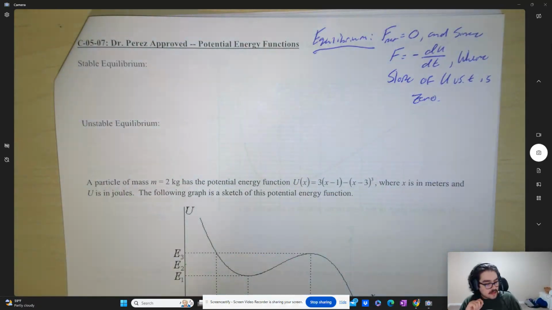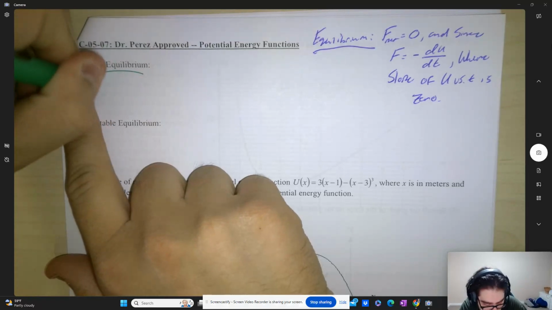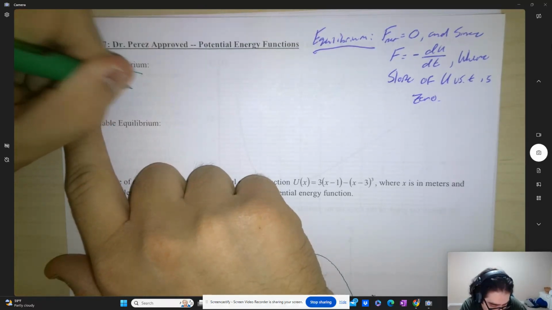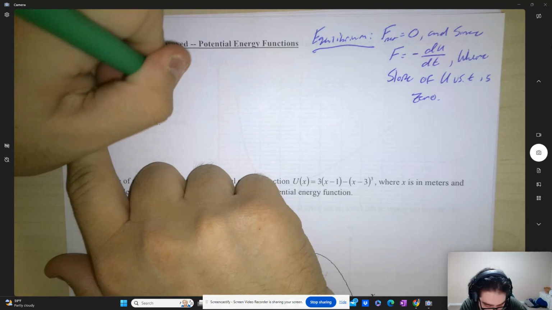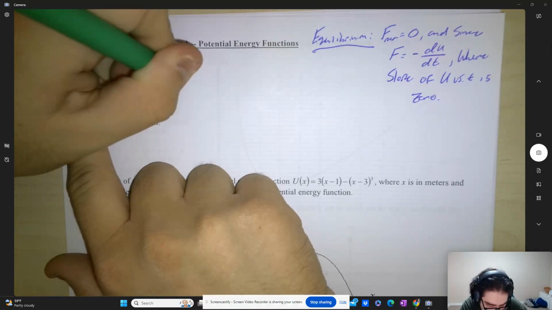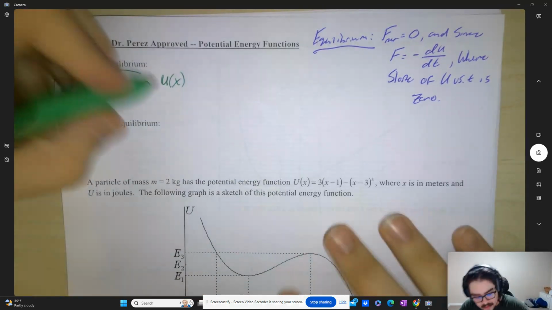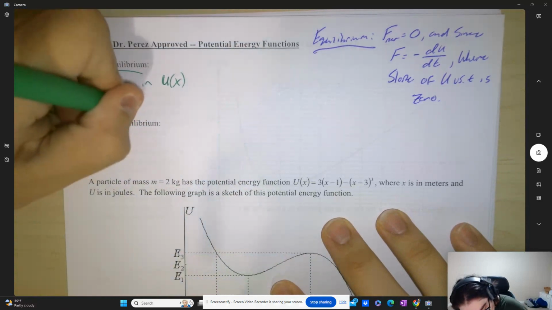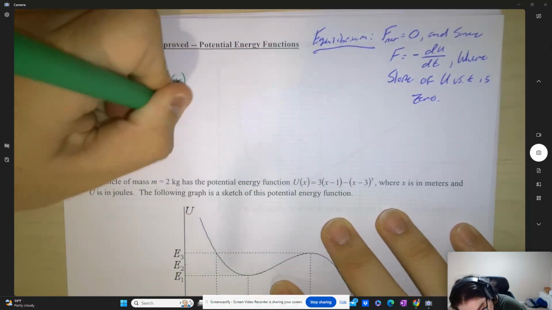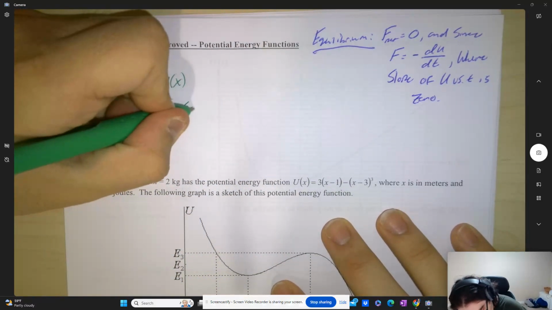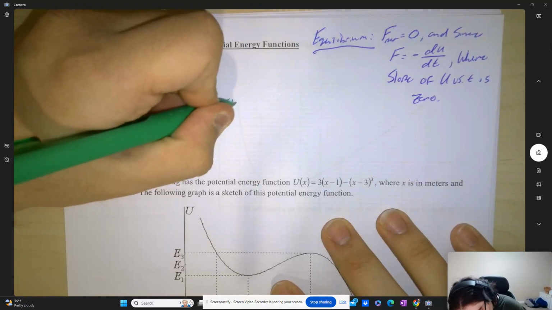Stable equilibrium is a minimum in the potential energy function, which we call U of x. The object wants to stay at stable equilibrium.